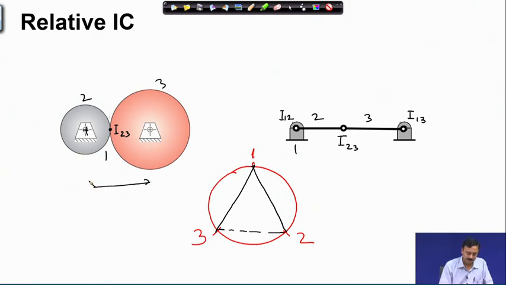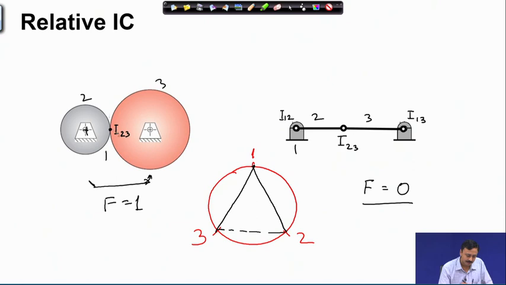But then you know this mechanism in which you have 2 friction discs, they can continuously roll. This has 1 degree of freedom, whereas the chain on the right is a structure with 0 degrees of freedom. The reason is very simple.